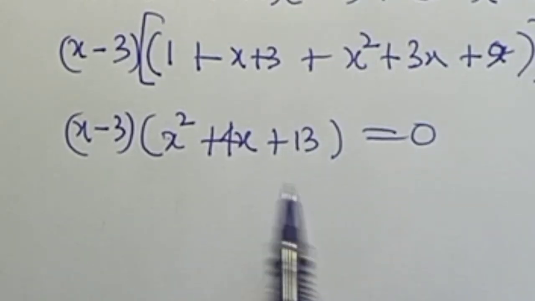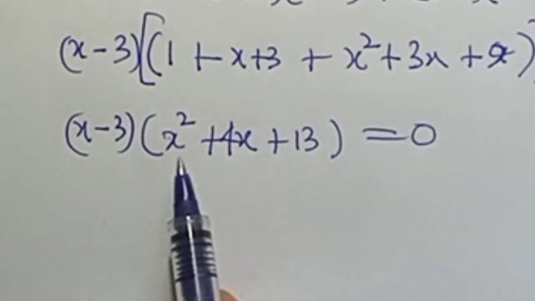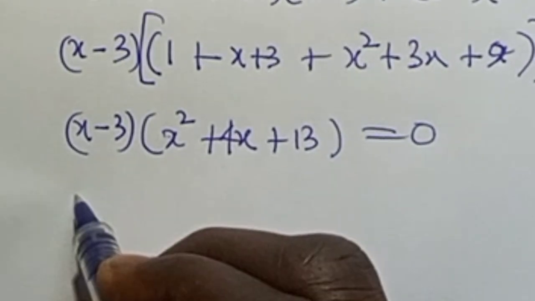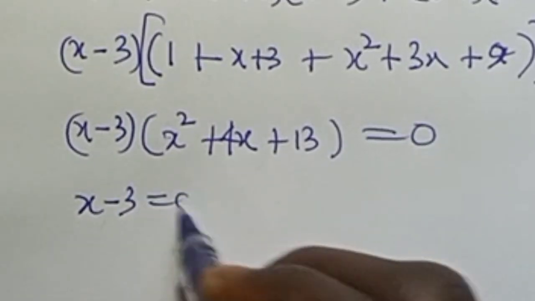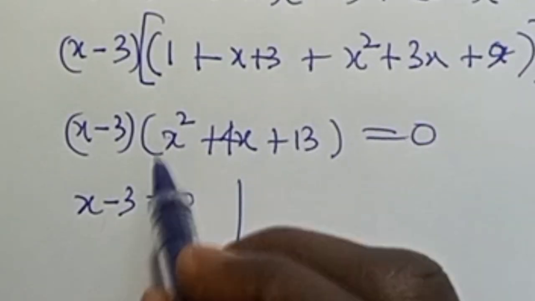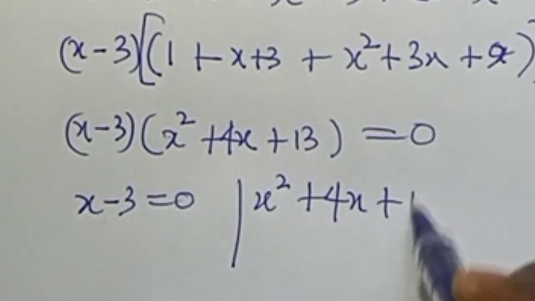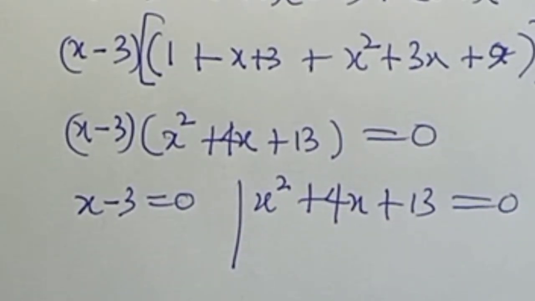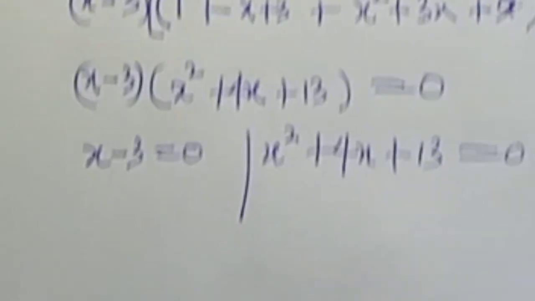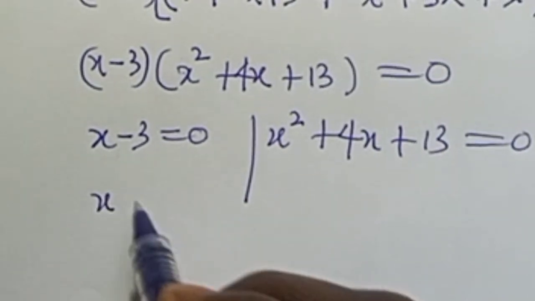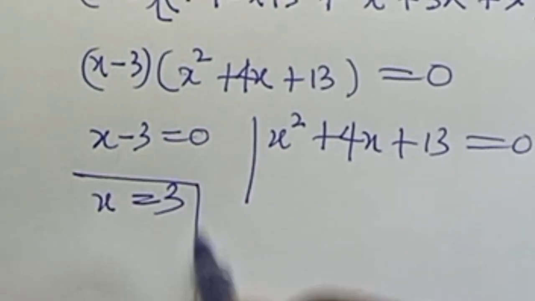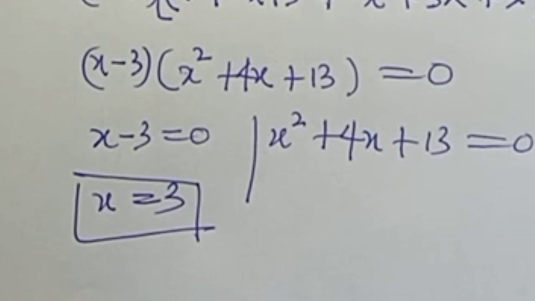And here, from the application of the zero product rule, we end up having two cases that say either x minus 3 is equal to 0, or here x^2 plus 4x plus 13 is equal to 0. And from this part, x obviously is equal to 3. So this is our first value for x.